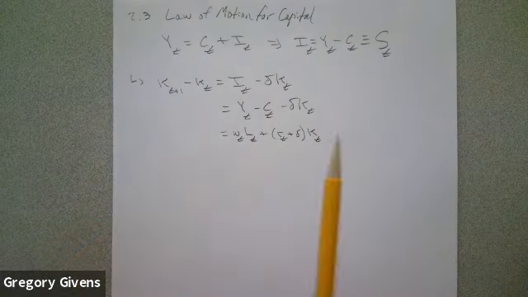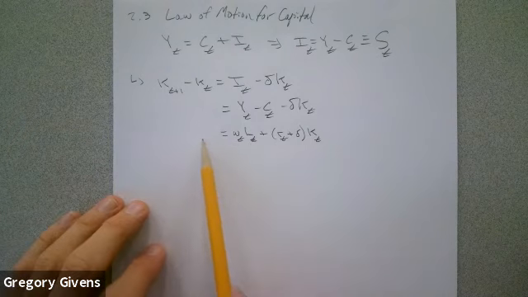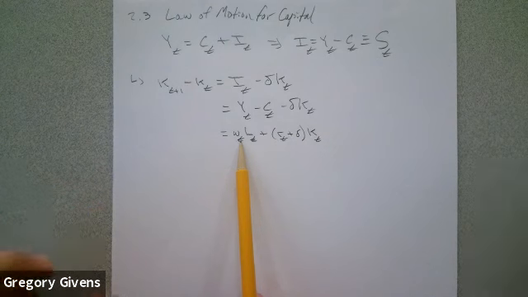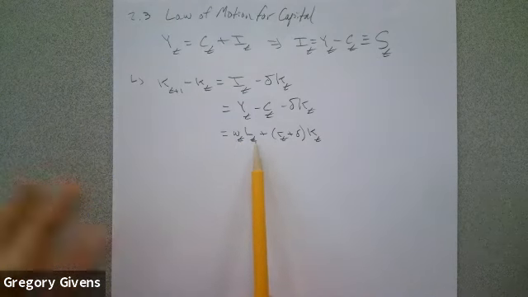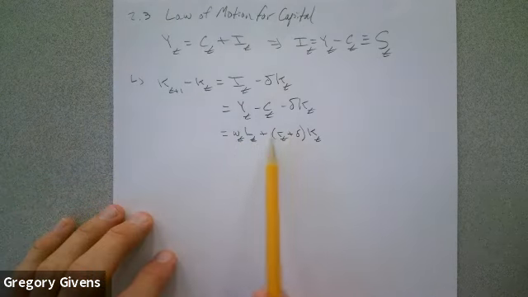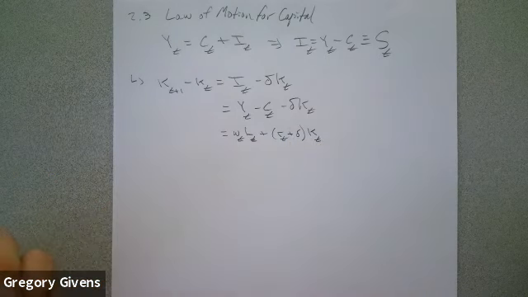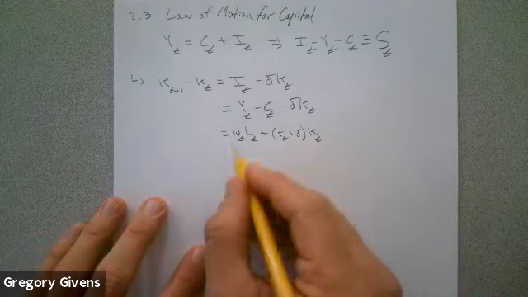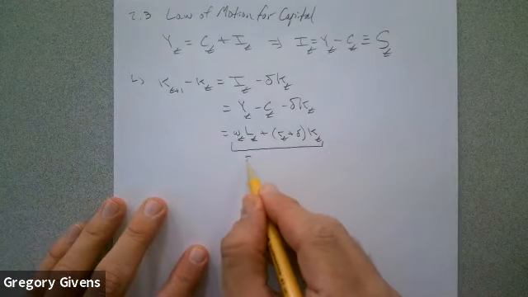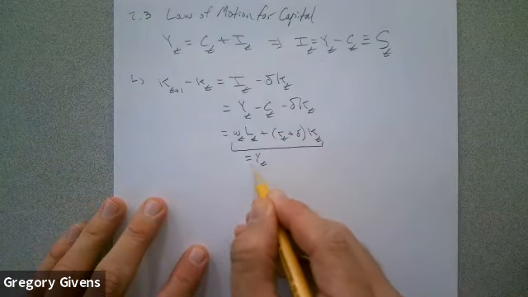I'm sorry, let me back that up. An economy's total output is the marginal product of labor, that is the real wage, times the number of units of labor, plus the marginal product of capital, that's the real rental rate, times the number of units of capital. That follows directly from Euler's theorem. So this here is equal to Y_t.